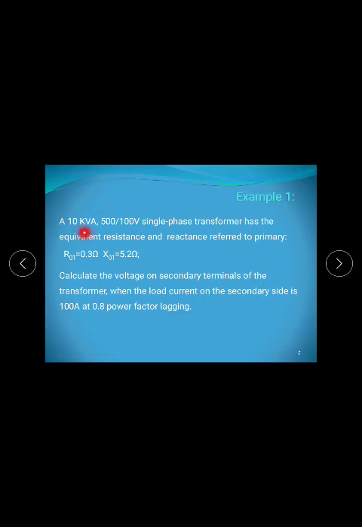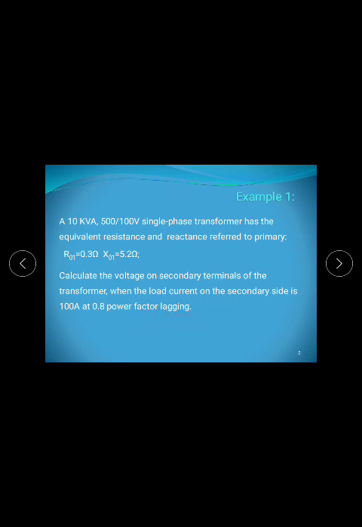So what is given here: a 10 kVA transformer rating, a 500/100 volts single phase transformer, R01 is 0.3 ohms, X01 is 5.2 ohms. What they are asking: calculate the voltage on the secondary terminals when the secondary side carries 100 amps at a lagging power factor.